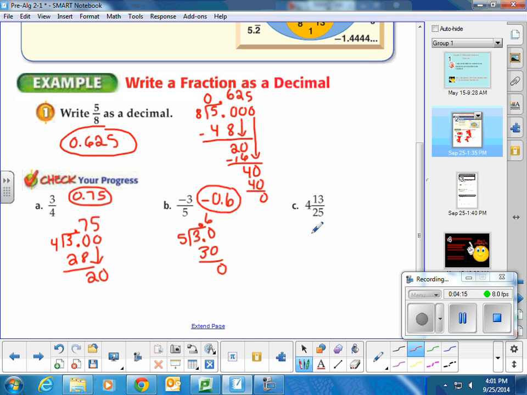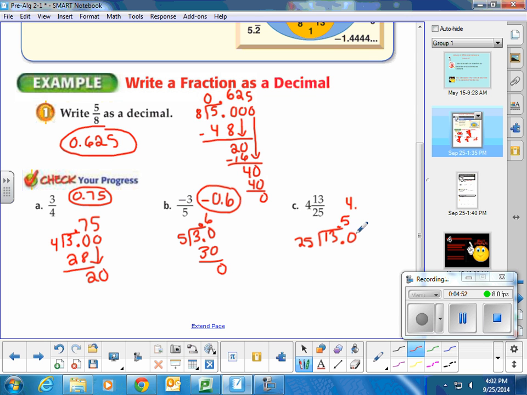And for our last example, 4 and 13/25. This part of our mixed number is going to go before the decimal point, and then whatever 13/25 is as a decimal will go to the right. So I'm going to go ahead and do 13 divided by 25. 25 does not go into 13, so add a decimal point and a 0, decimal straight up. 25 goes into 130 5 times.